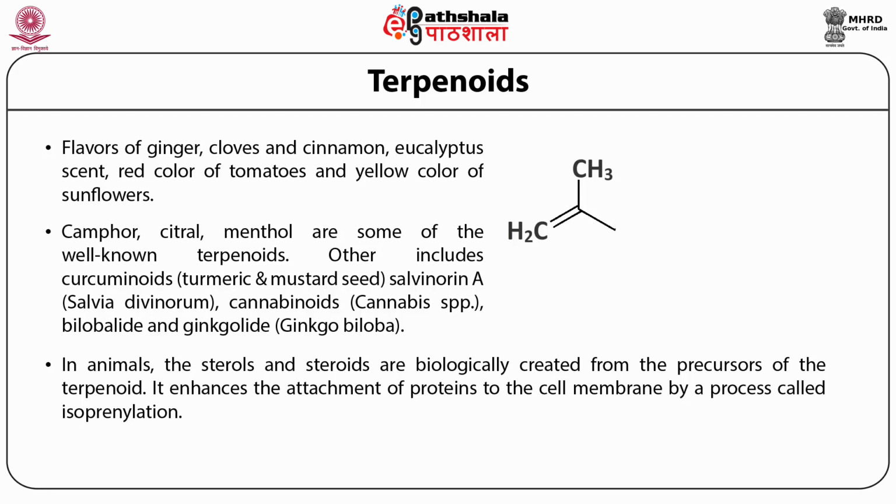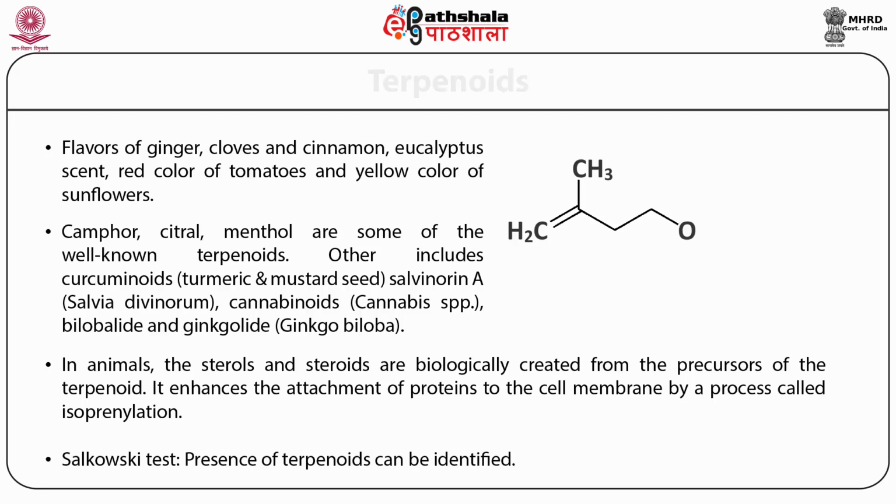Occasionally, terpenoids enhance the attachment of proteins to the cell membrane by a process called isoprenylation. The presence of terpenoids can be identified by performing the Salkowski test.